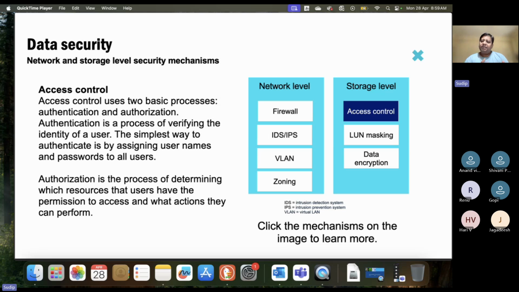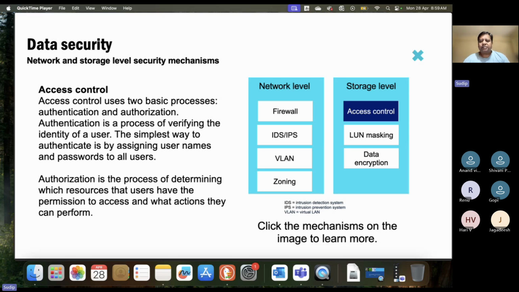Similarly, inside a data center, just like Aadhaar, there will be an authentication server, an authentication service. In many companies, they use something called AD, Active Directory, where that Active Directory has a list of all the authenticated users inside the corporate.